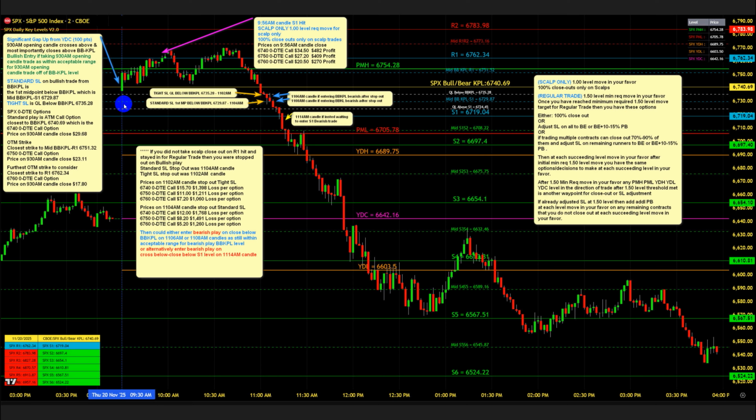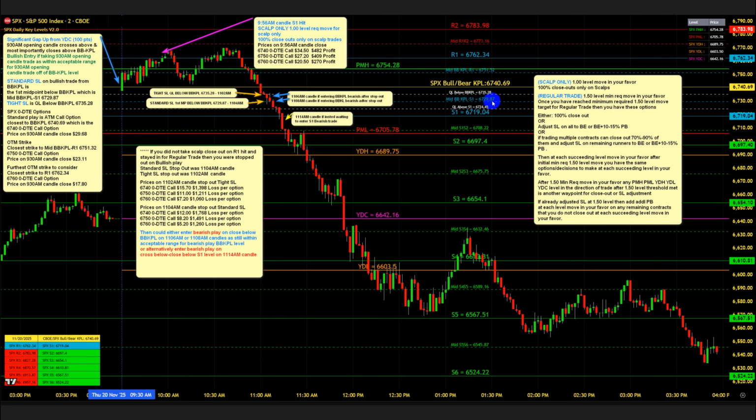If, for example, this was a bearish trade, we had the opposite situation here, then just to explain, you would still have the 67.40 as being the at the money standard play. However, since it would be bearish, it would be a 67.40 put, and then for the out of the money strikes, you would look down since it would be a bearish play, and the first midpoint down would be the midpoint here, 67.29.87.